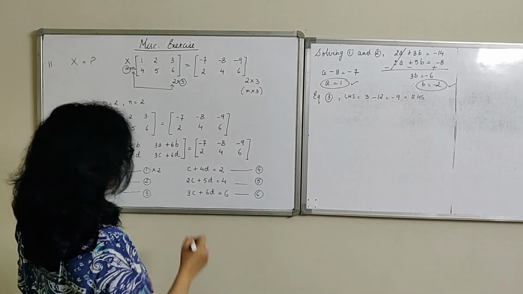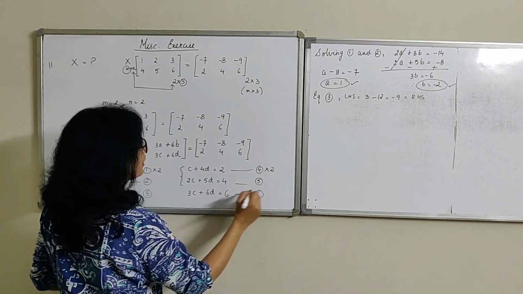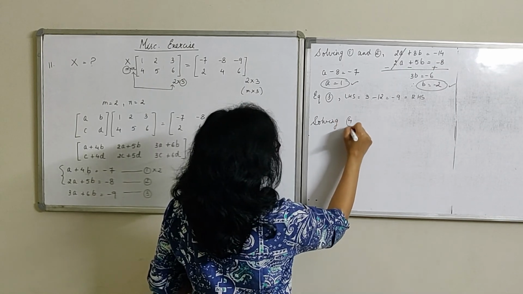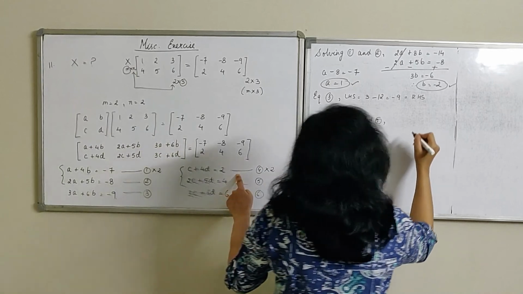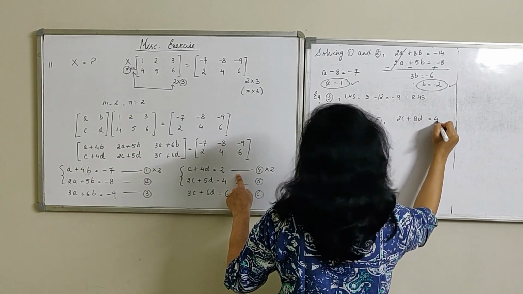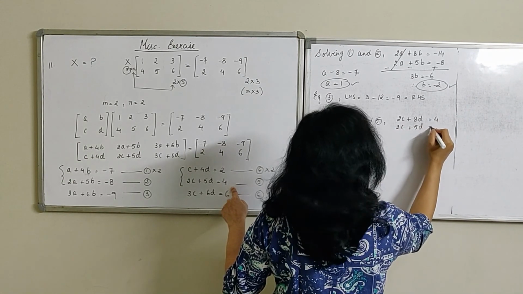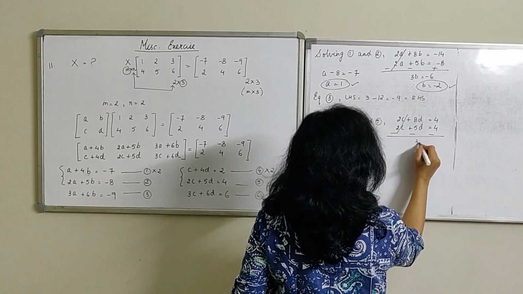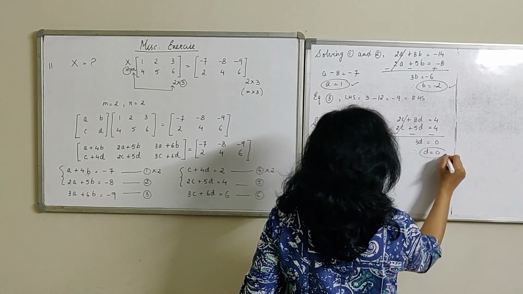Likewise, let us solve equations 4 and 5. Once again multiplying equation 4 by 2. So here we have 2C plus 8D is 4 and 2C plus 5D is 4, and subtracting we get 3D is 0, therefore D is 0.